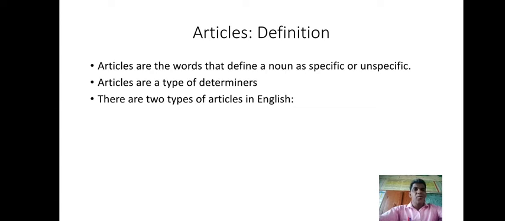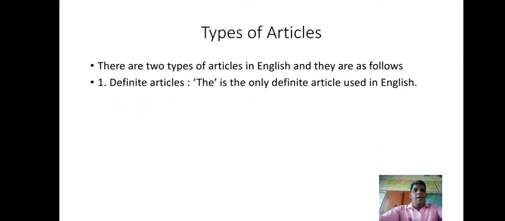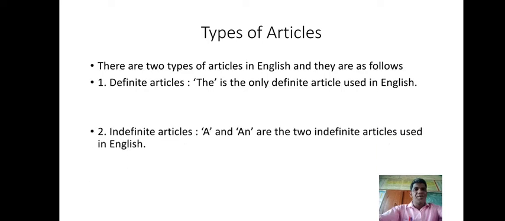Then there are two types of articles in English. They are definite articles and indefinite articles. So definite article, the, is the only definite article used in English. In the last session, we discussed some rules about the usage of the.